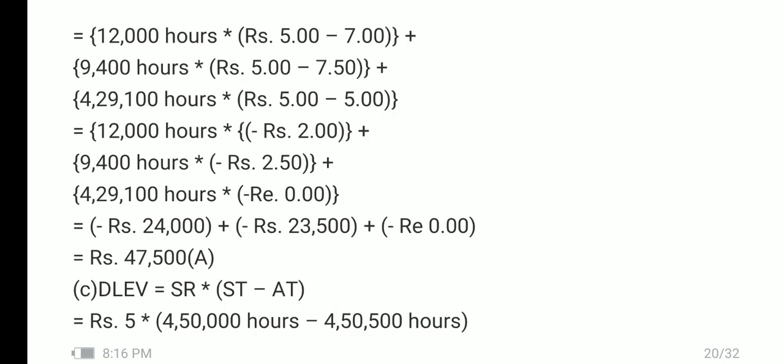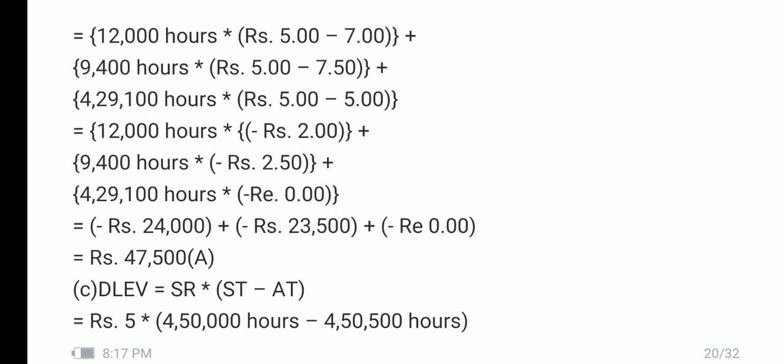Now SR minus AR, here the actual rate is differently given. For 12,000 hours, 7 rupees. For 9,400 hours, 7.50. For the balance of 4,29,100 hours, 5 rupees is given, that is the actual wage rate paid.